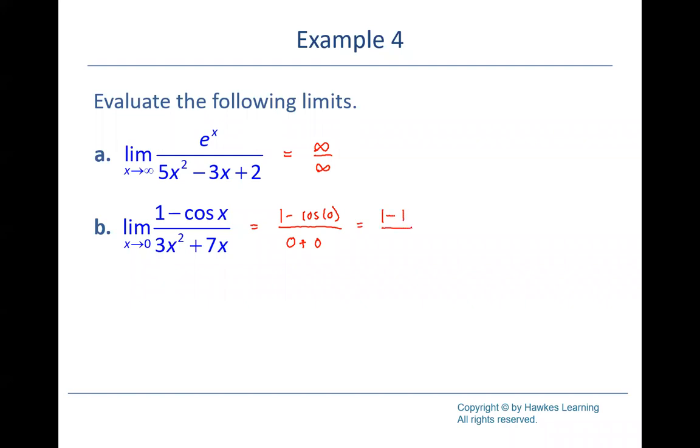Well, cosine of 0 is 1. 1 minus 1 is 0. And so we get another indeterminate form, 0 over 0. So in both of these examples, we are primed to use L'Hopital's rule. Let's see how that'll work.